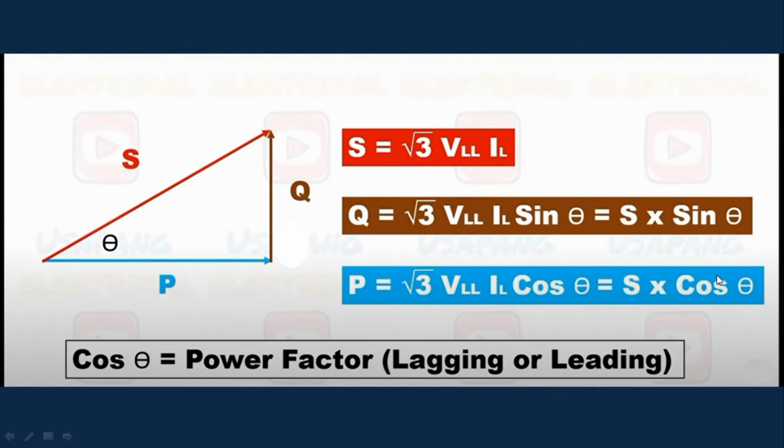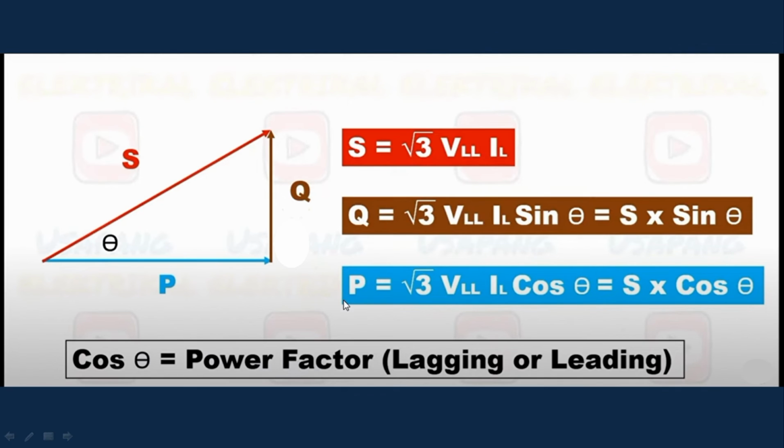So, the relationship is S equal to square root of 3 times line-to-line voltage times line current, the same as the earlier formula. Next is P, the true power.